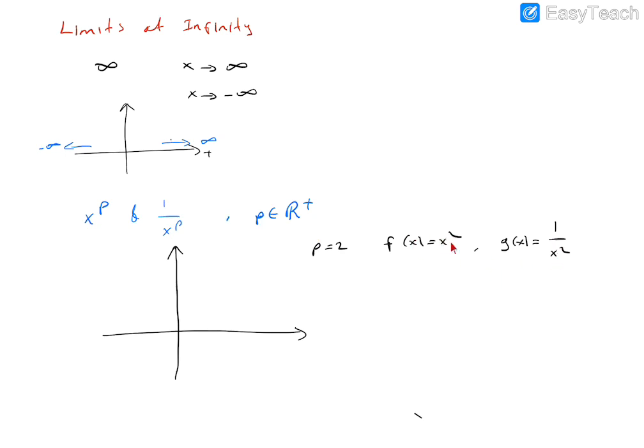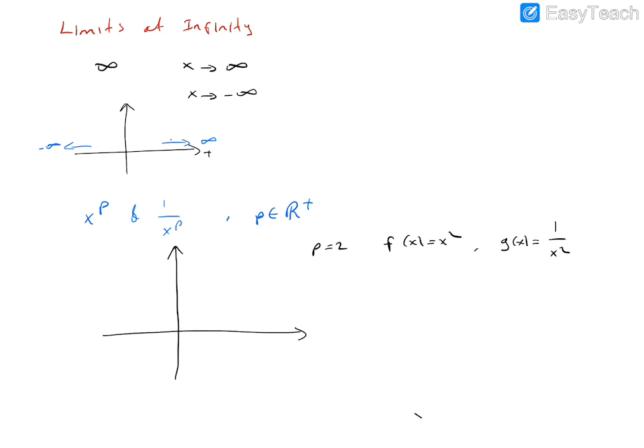So we compare these two graphs for the special case p equals 2. So the x square graph, maybe x cube can be different, but for positive x, let's consider a graph like this one.